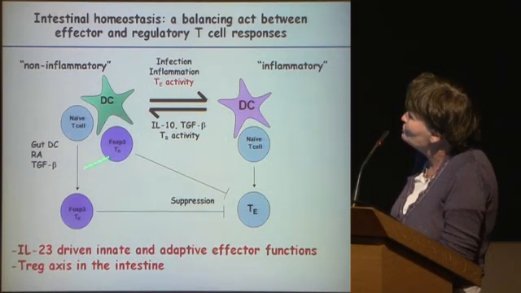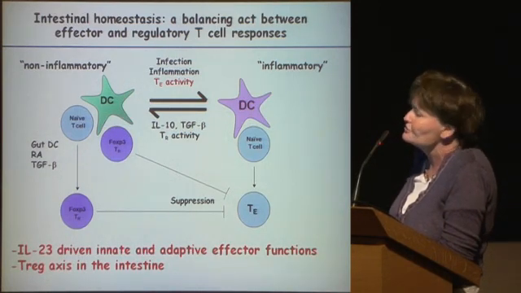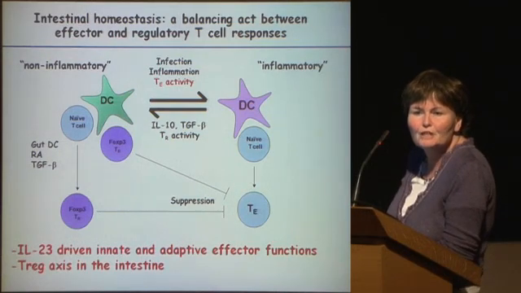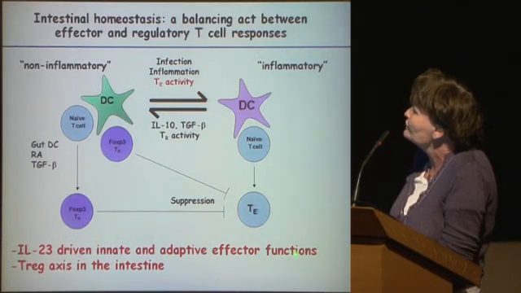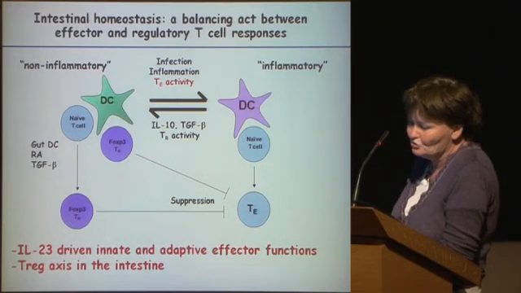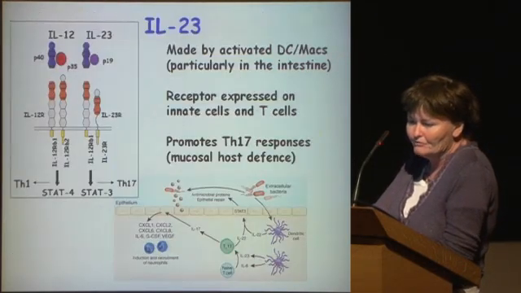So I'd like to, in the context of this, then discuss the role of IL-23, which has been introduced very nicely by Gérard Ibel, in controlling both innate and adaptive effector functions in the intestine, and finish with a few comments about the regulatory T-cell axis.